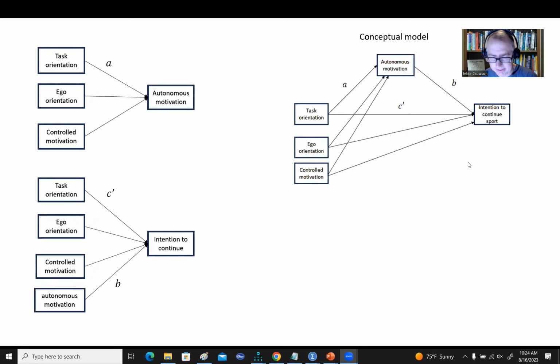If we break this down into the regression components associated with the statistical model on the left, you can see that we are essentially regressing autonomous motivation onto task orientation, ego orientation, and controlled motivation. And then we're regressing intention to continue sport onto task orientation, ego orientation, controlled motivation, and autonomous motivation. So those are the portions of the regression output that we're going to see when we run our analysis.